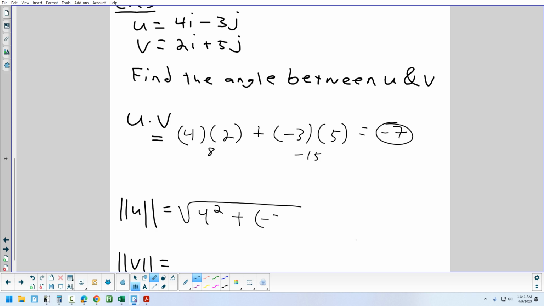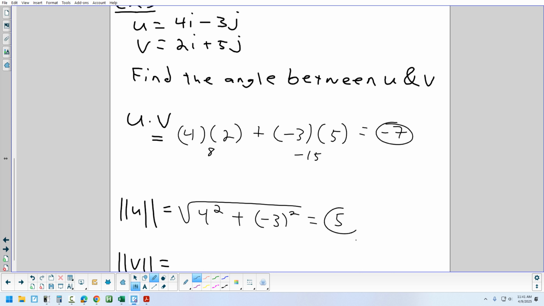It's -3 squared, which is positive. And what's that going to give me for a magnitude? That'll be 16 plus 9, which would be the square root of 25, which is 5. Just 5.